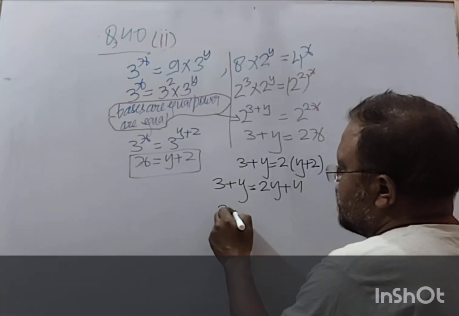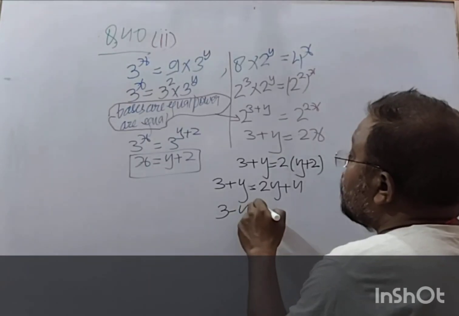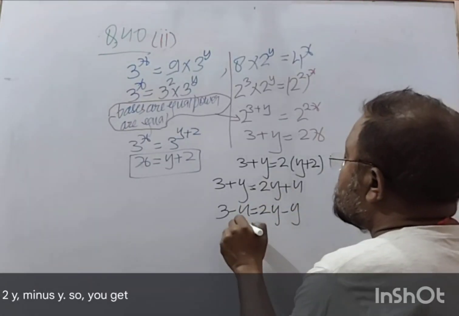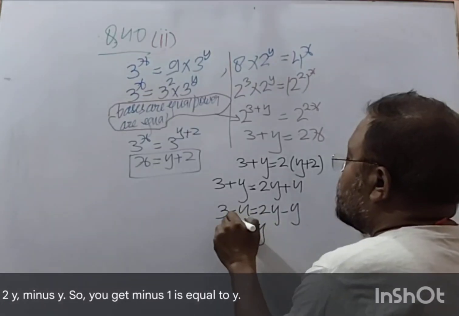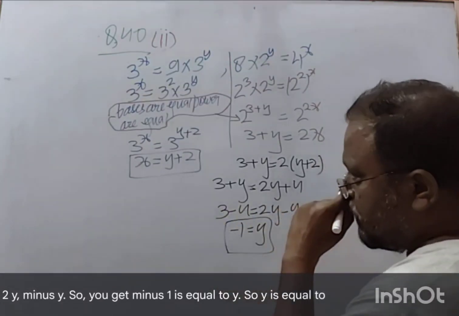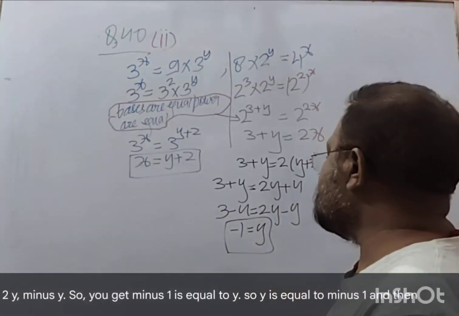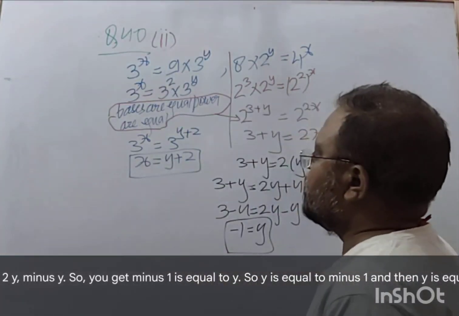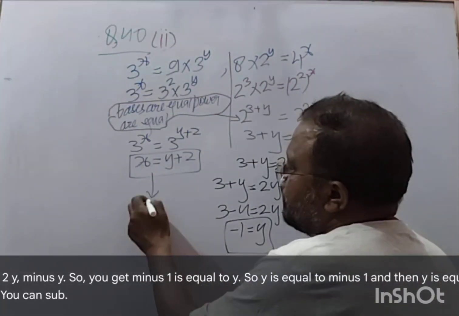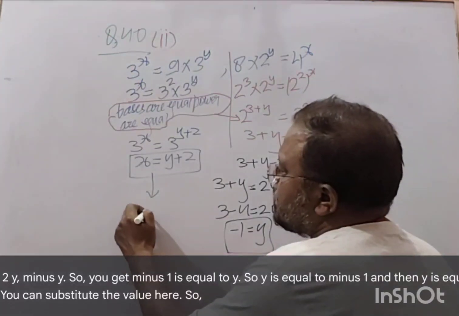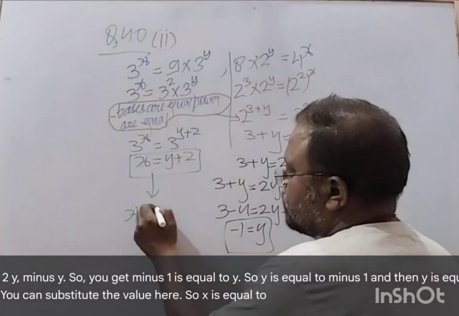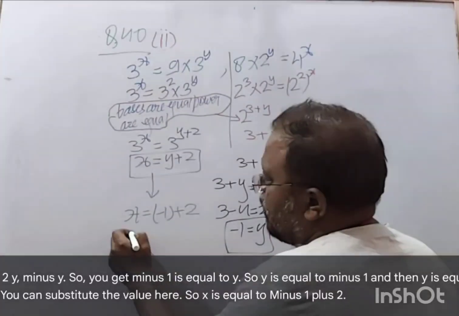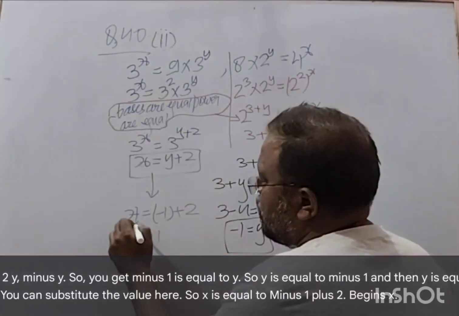So 3 minus 4 is equal to 2y minus y. So you get minus 1 is equal to y. So y is equal to minus 1. When y is equal to minus 1, substitute the value here. So x is equal to minus 1 plus 2, becomes x is equal to 1.